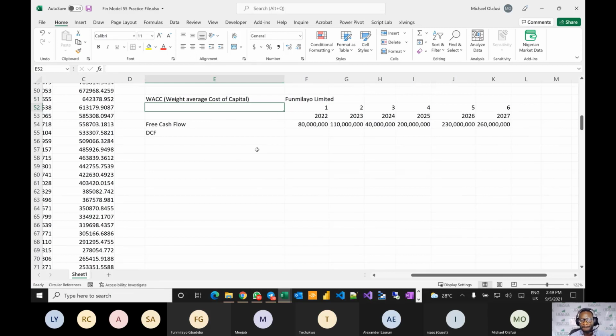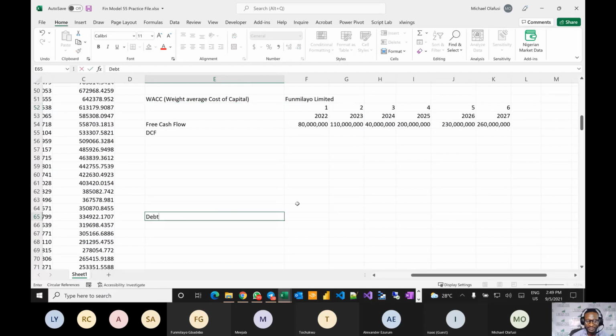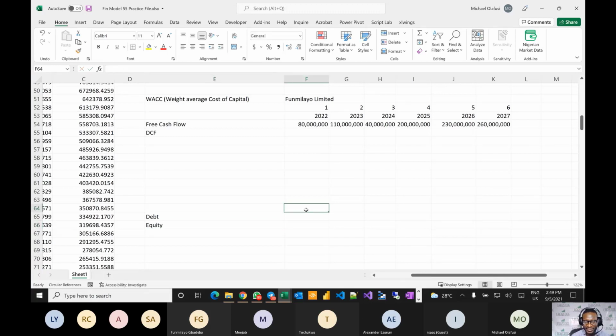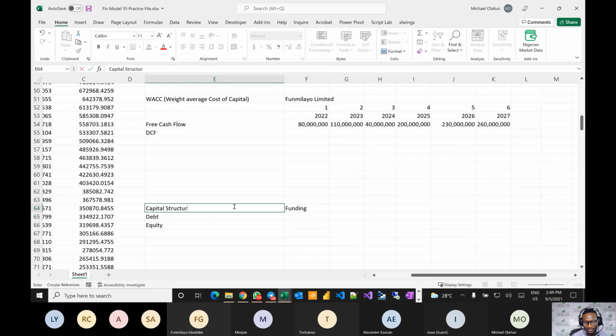And it's simply, let me just tell you what it is so that you don't think of too much mathematics, because mathematics can be very scary. So imagine your capital structure as a company, your funding for your business.